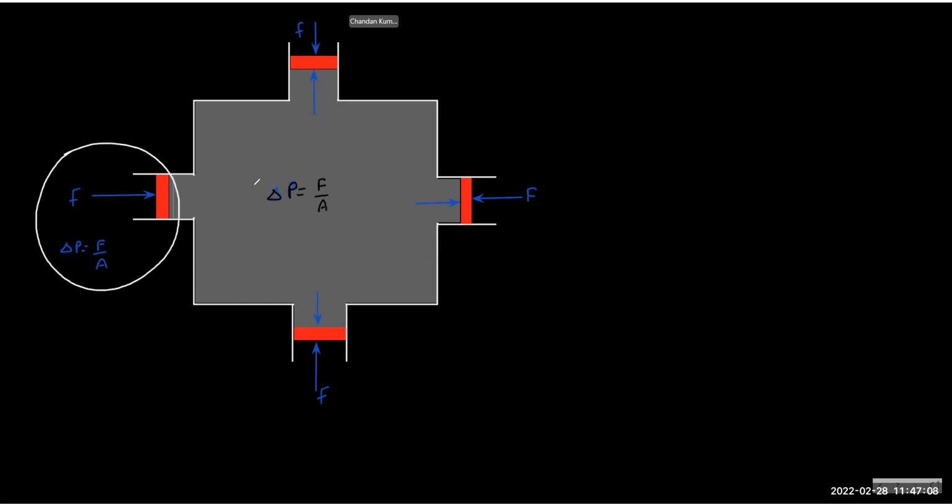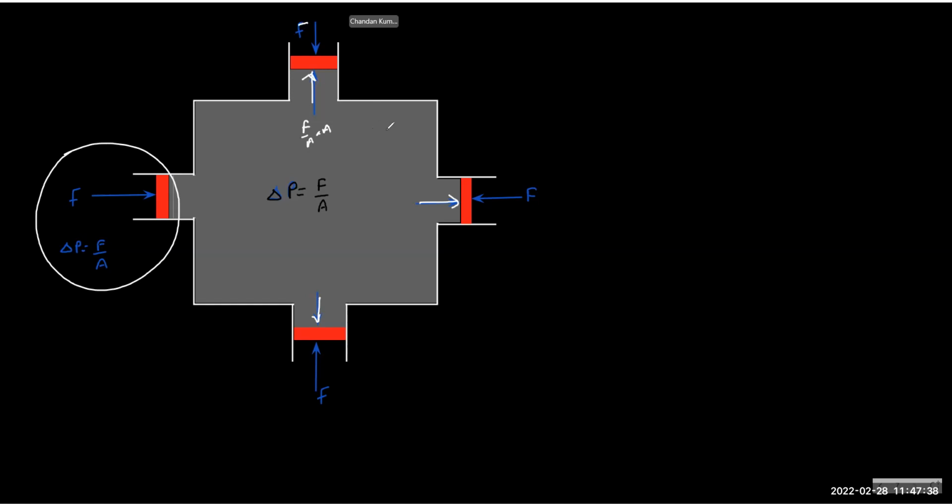As per Pascal's law, this pressure will transmit here, here, and here. So how much force will this piston experience? F by A into A. So how much force do we need to apply externally to balance it, to keep the piston at equilibrium? F only.